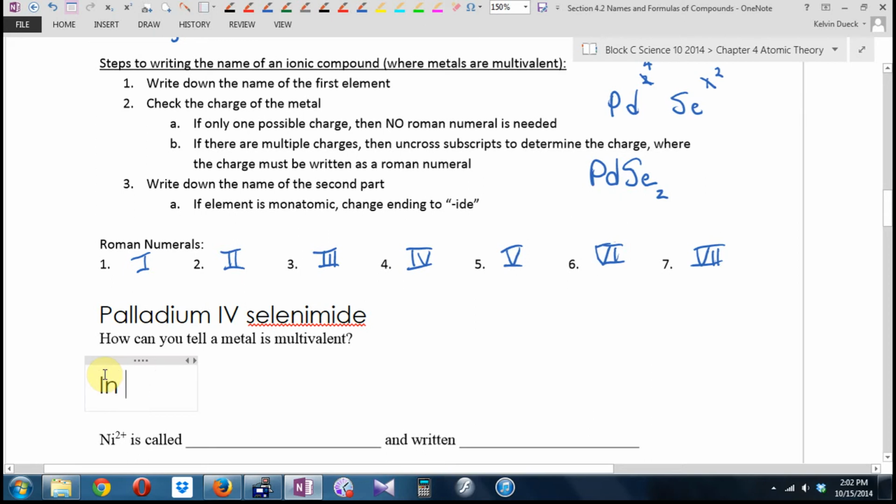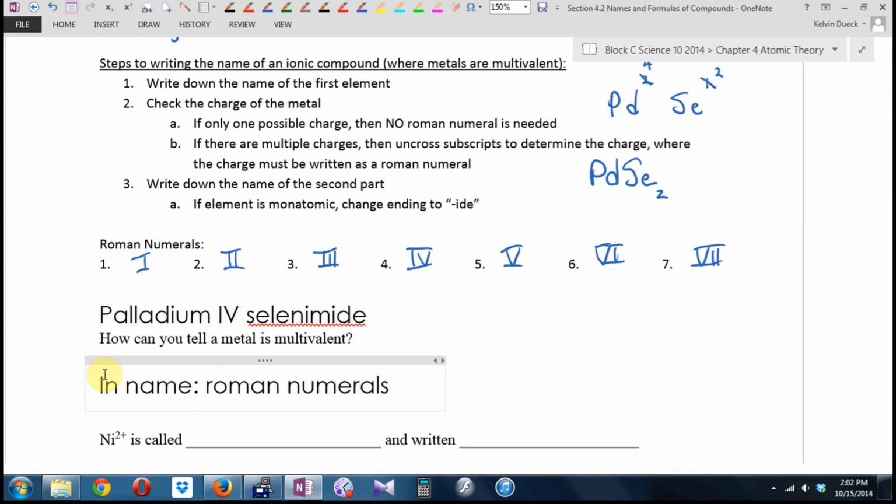In the name, Roman numerals, or from the periodic table, you notice in the top right corner, there's more than one charge. The first multivalent that we run into, I think, is element number 22, titanium. You can see it's got a 4+ and a 3+ there.